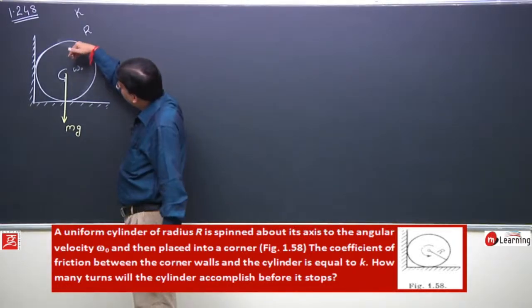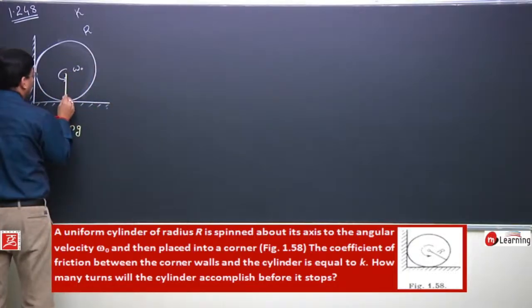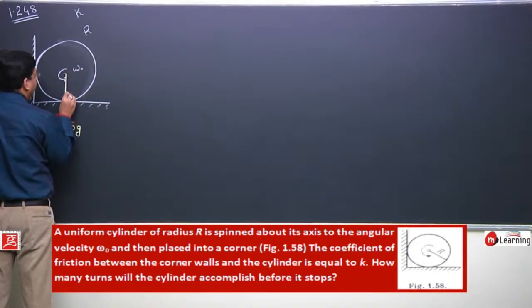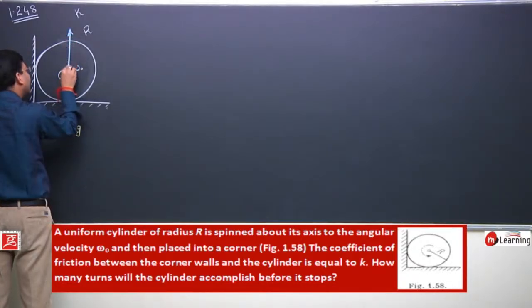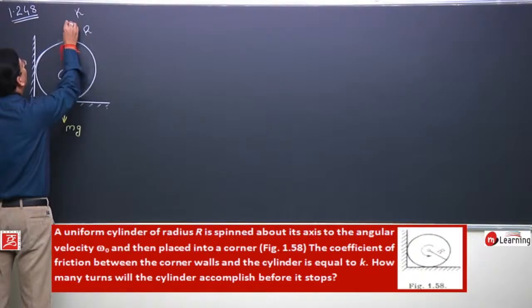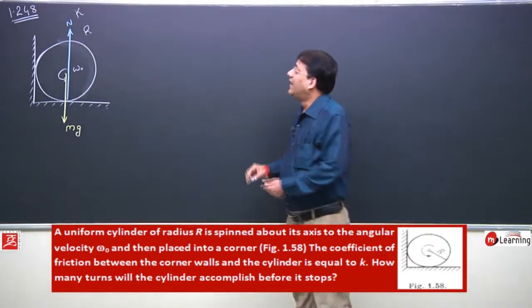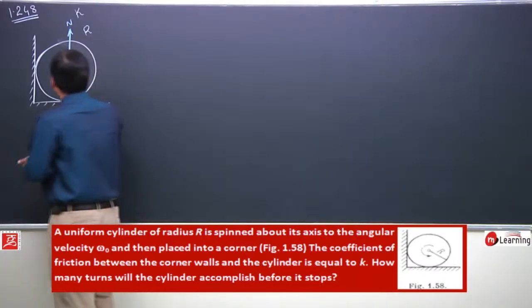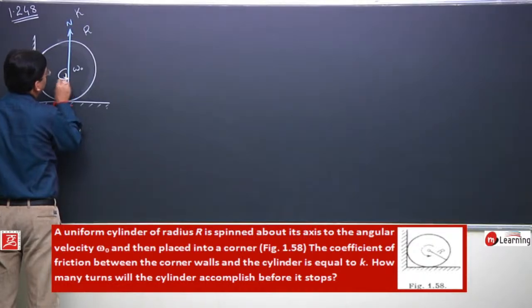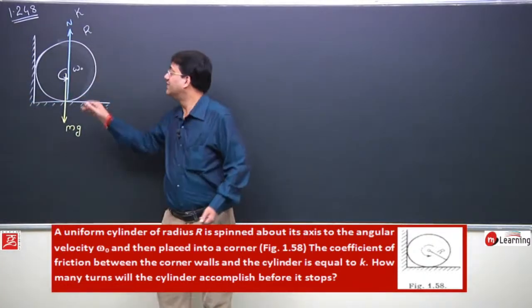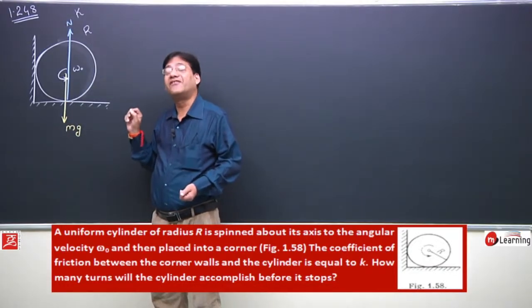When this is kept on the horizontal surface, there would be some normal reaction offered by the horizontal surface. And at this horizontal surface, there is a relative motion of the cylinder in this direction, and hence this horizontal surface would offer a frictional force.